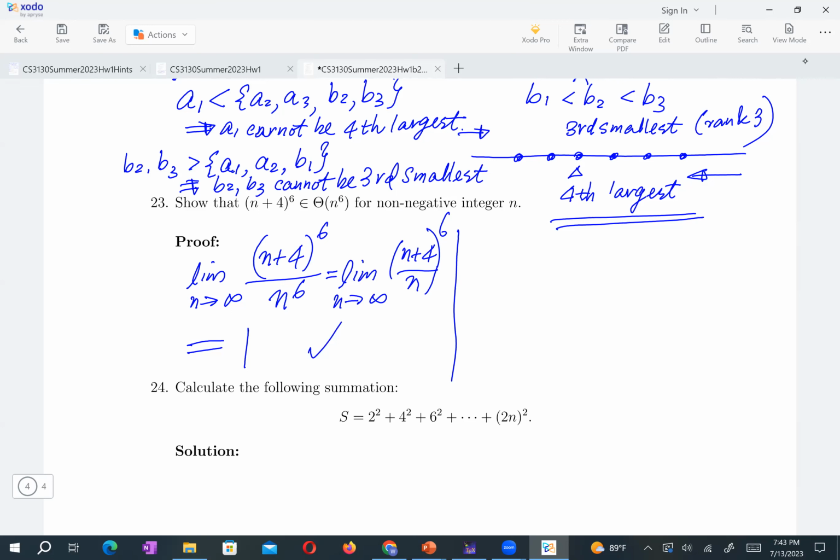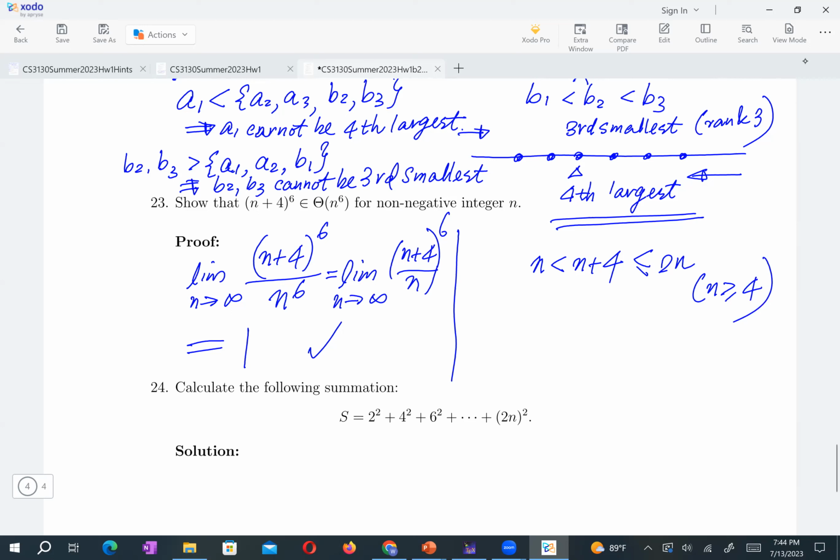The second method uses inequality. In our examples, I said you need to consider the inequality before raising to the 6th power. So n is less than n plus 4, which is less than or equal to 2n, but you need the condition n greater than or equal to 4.